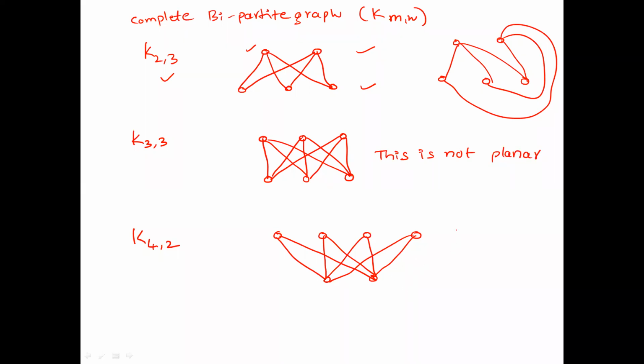How is this planar? Let me draw this. 4 vertices and 2 vertices here. So you can add something like this, right? And then maybe this vertex.